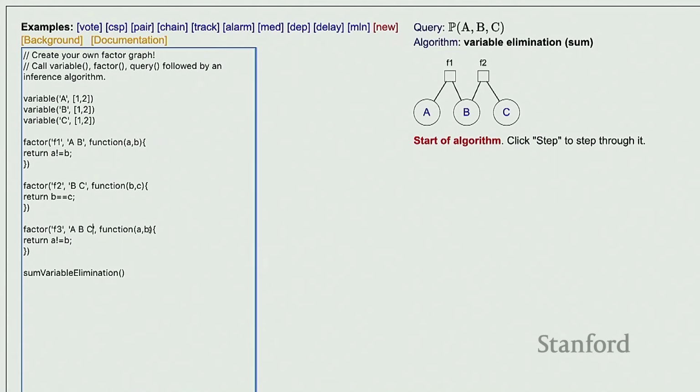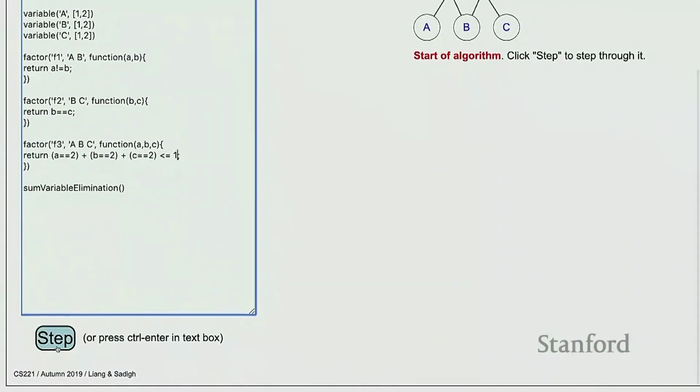It depends on A, B, and C. And one way to enforce that is, well, if A is in 2, or if B is in 2, or if C is in 2, right? So I'm going to write indicator functions: A is in 2, B is in 2, C is in 2. And if I add those up, that should be less than or equal to 1, right? Because I don't want more than one of them in one room, okay? And this is enforcing that.